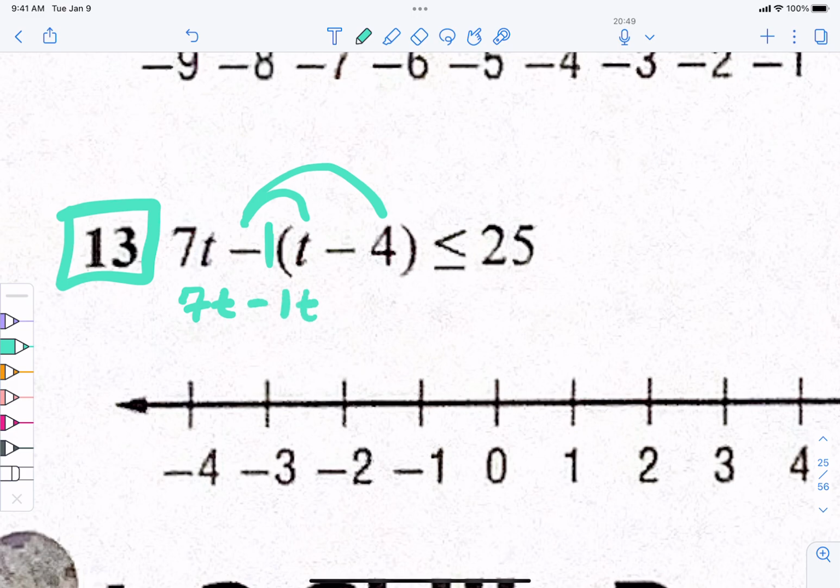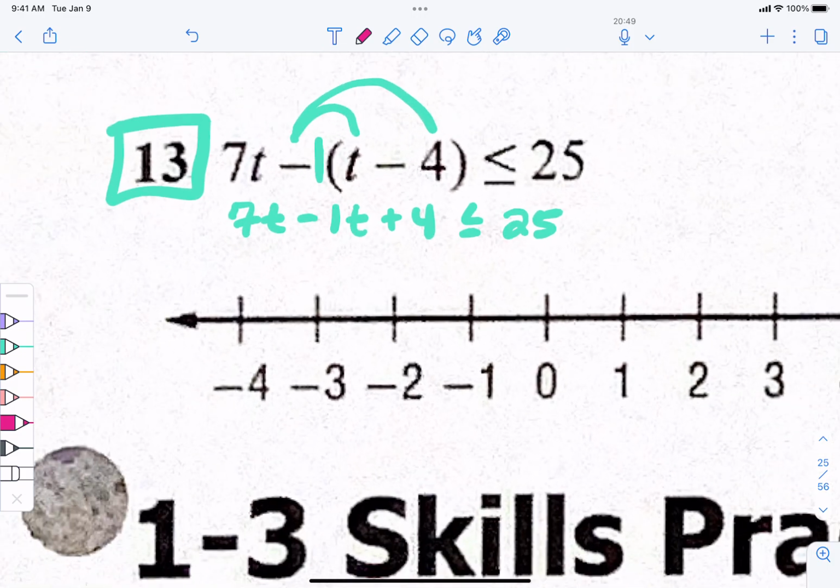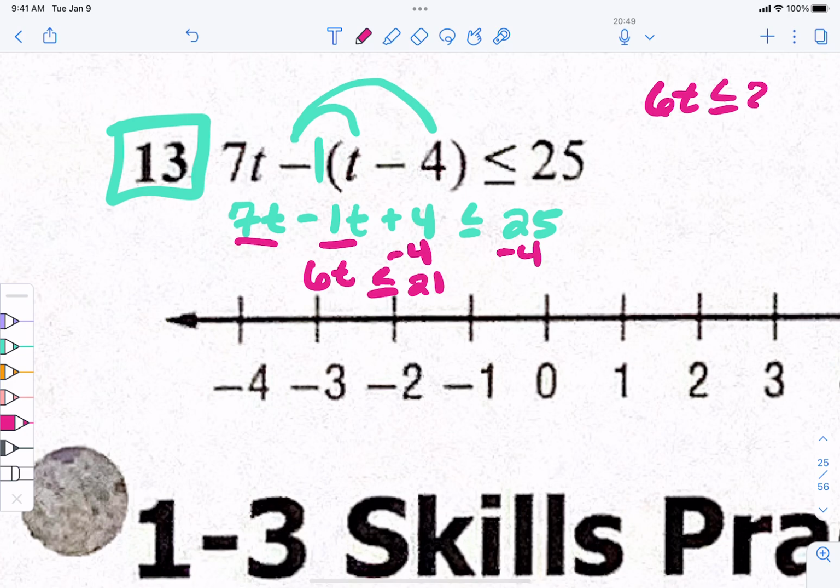What's -1 times -4? Plus 4, less than or equal to 25, okay? And then what? 7t minus 1t is 6t. Okay, and then I heard Aiden say, subtract the 4, right? So 6t is less than or equal to 21, and then what?